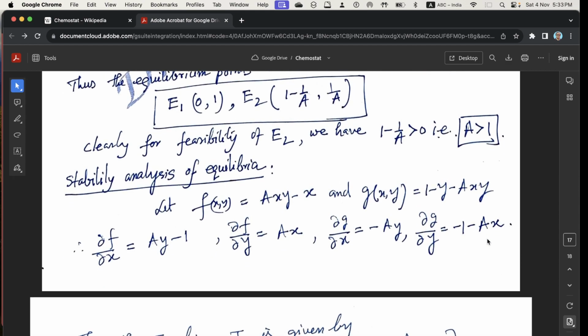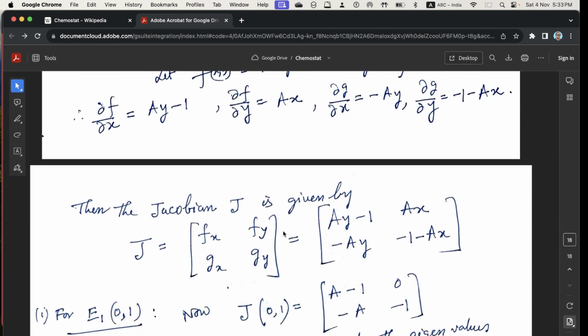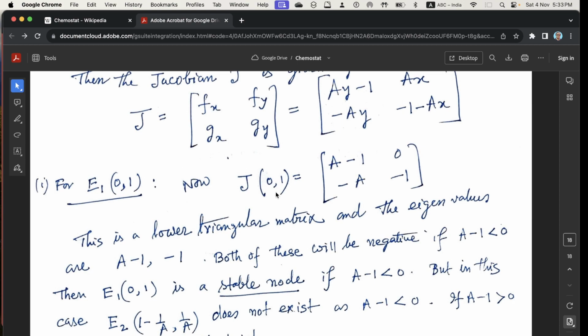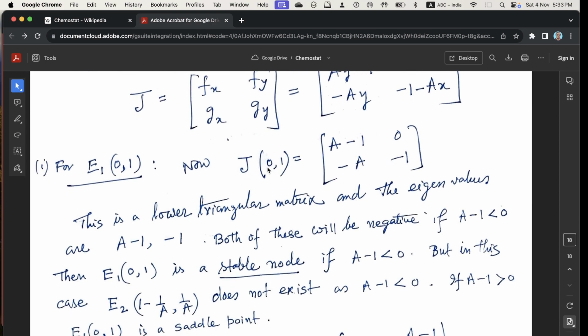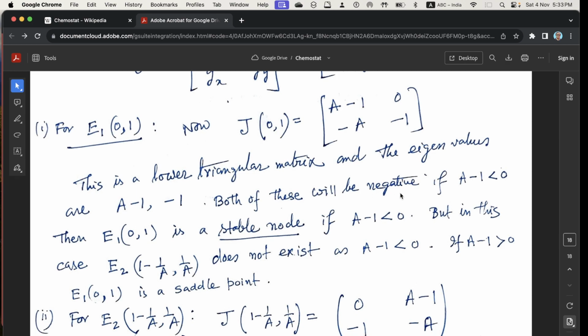For stability analysis of these equilibrium points, we assume f of x, y equal to axy minus x, g of x, y equal to 1 minus y minus axy, and find the partial derivatives of these quantities. The Jacobian J equal to this, and for E1, this J at the point (0, 1), we get this lower triangular matrix, hence the eigenvalues are a minus 1 and minus 1. Both of these will be negative if a minus 1 is less than 0.